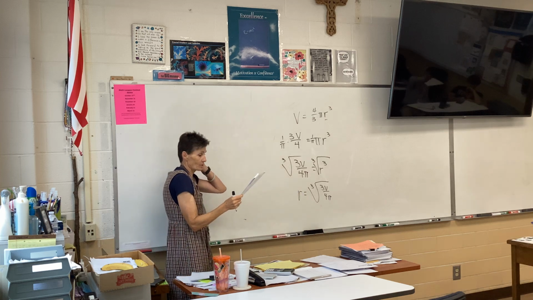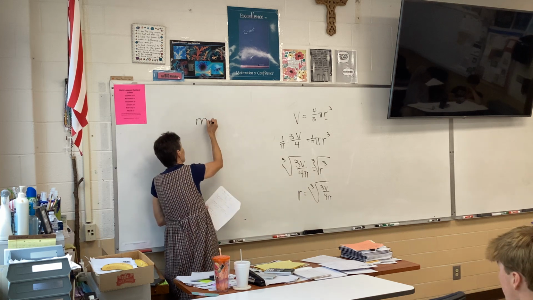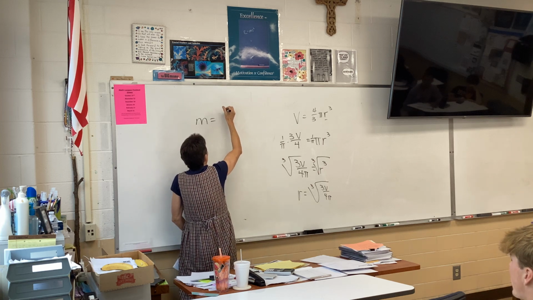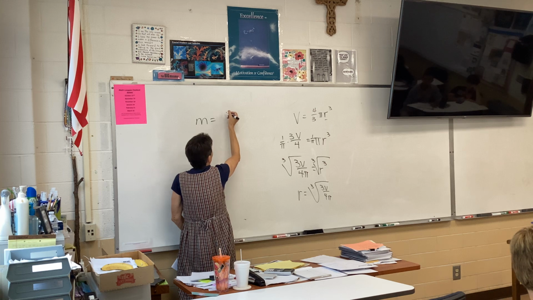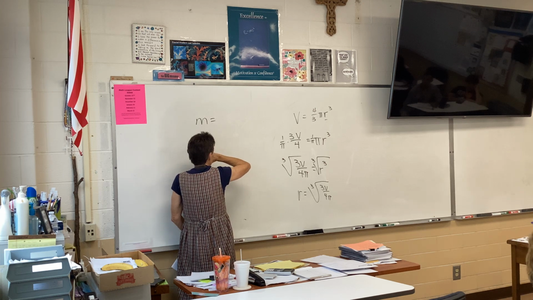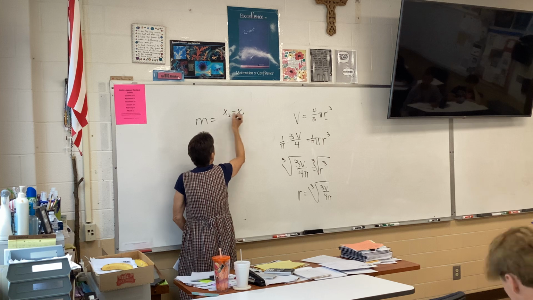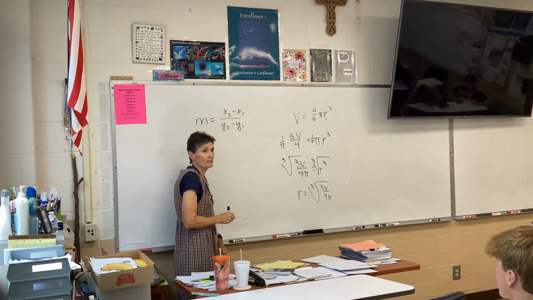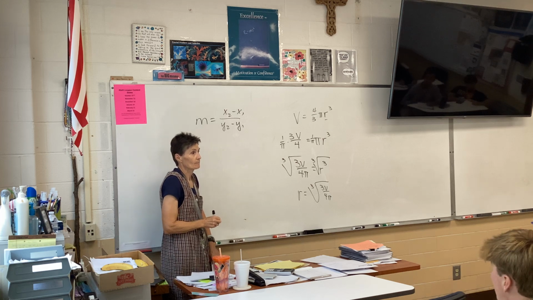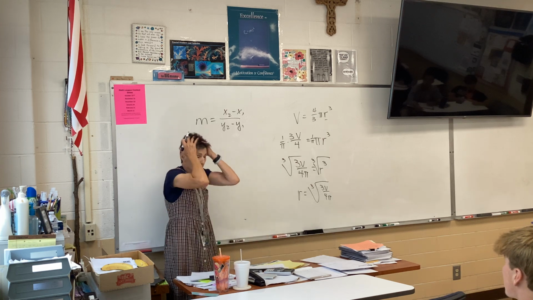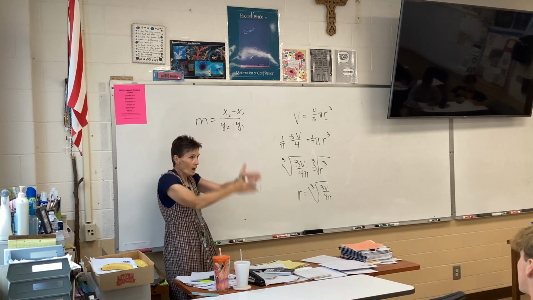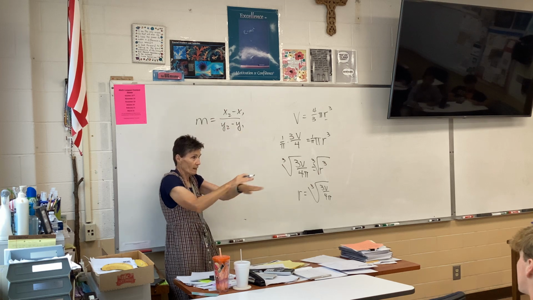All right, P4, slope of a line, m equals, who remembers how we calculate slope? Y2 minus Y1 over X2 minus X1. Slope is rise over run.